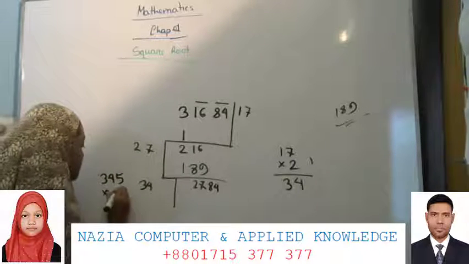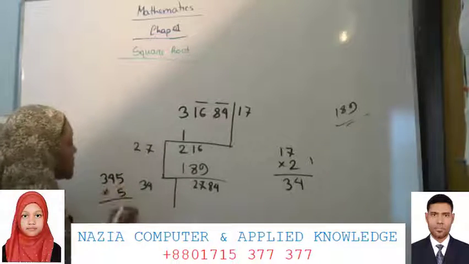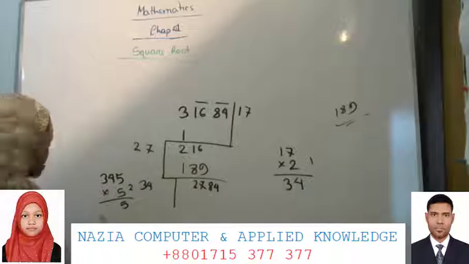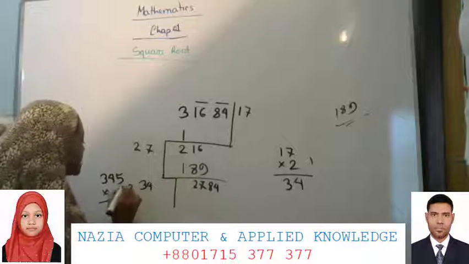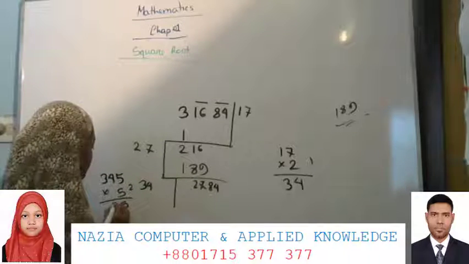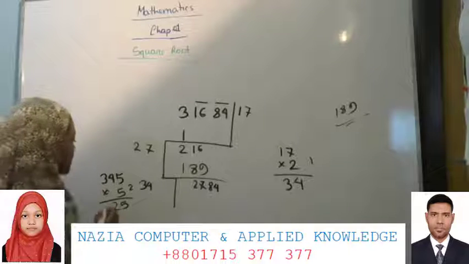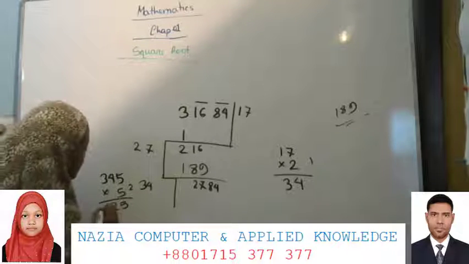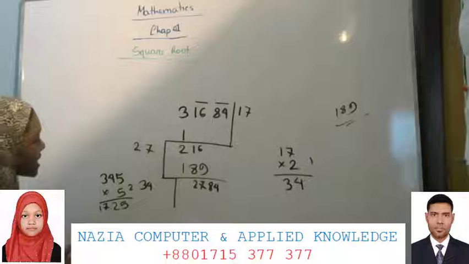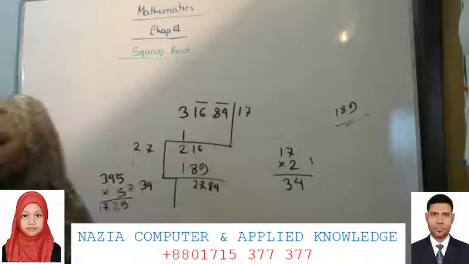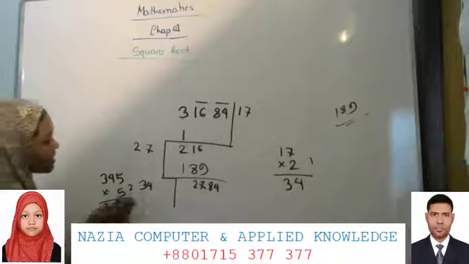Let's put 5. 5 5s are 25, 5 4s are 20, 20 plus 2 equals 22. 5 3s are 15, 15 plus 2 equals 17. So 1725. No. We want a bigger one.